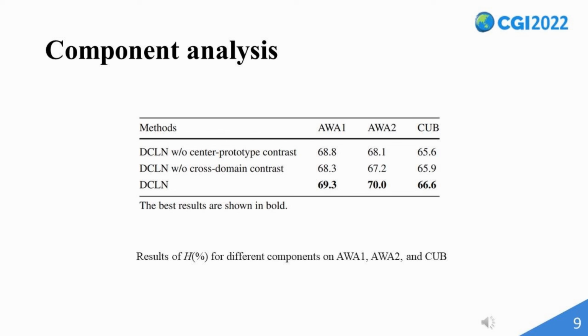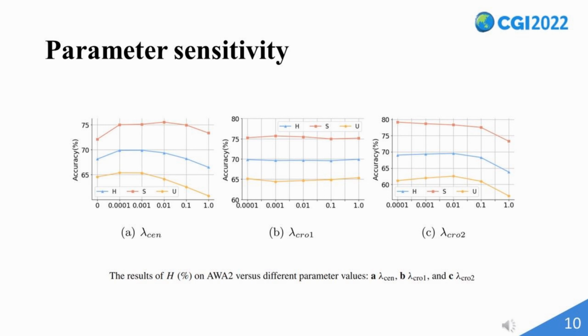The center prototype contrast is beneficial to improve the interclass grouping and decrease misclassification, resulting in favorable performance on the CUB dataset. We further study the influence of the parameters. It is observed that our model is insensitive to the choice of weight of seen instance to unseen prototype contrastive loss.